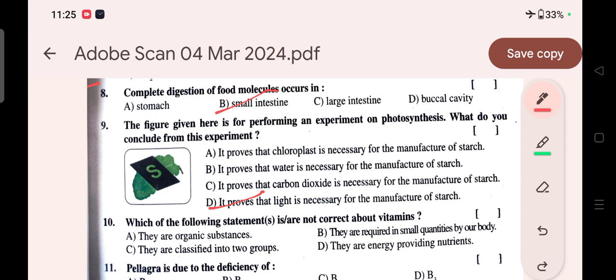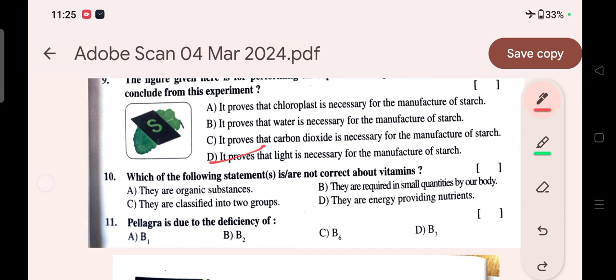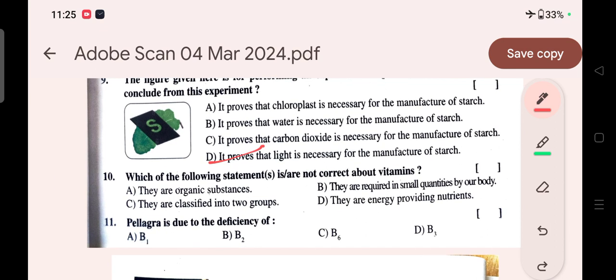Which of the following statements is not correct about the vitamins? They are organic substances. Yes, this is correct. They are required in small quantity by our body.